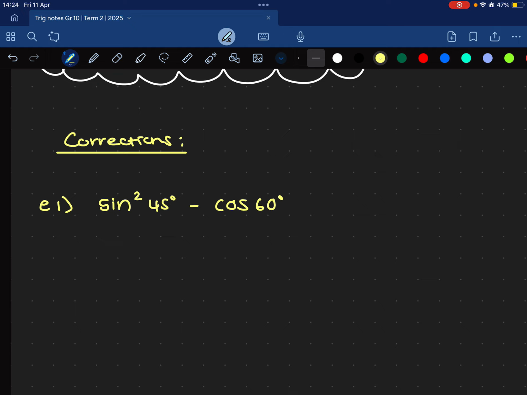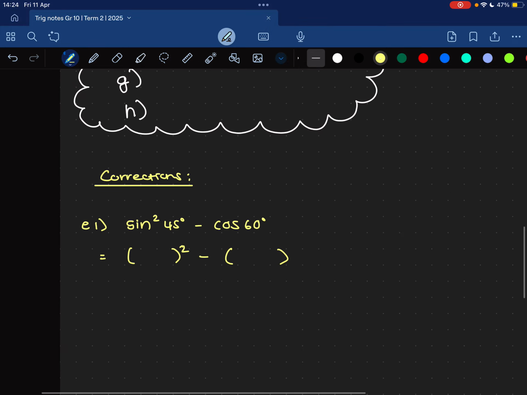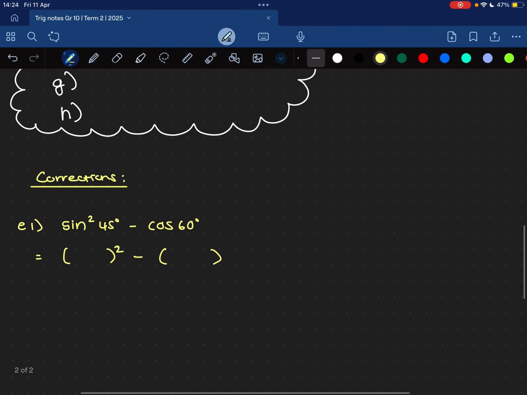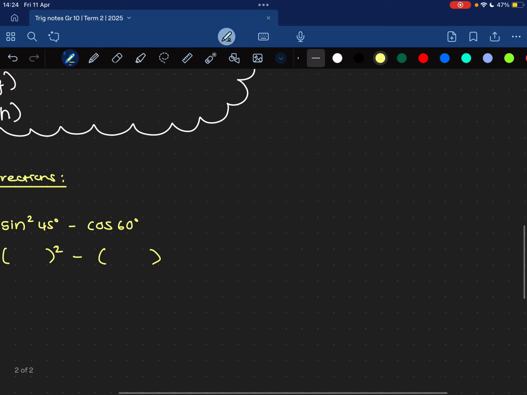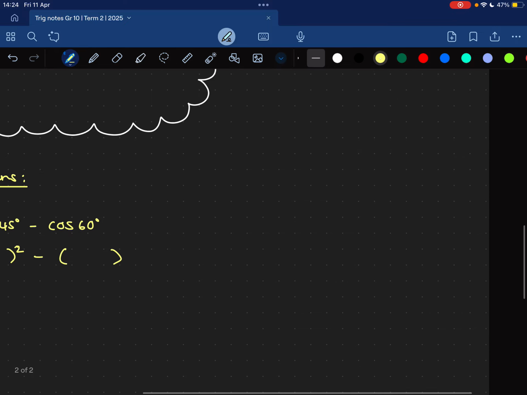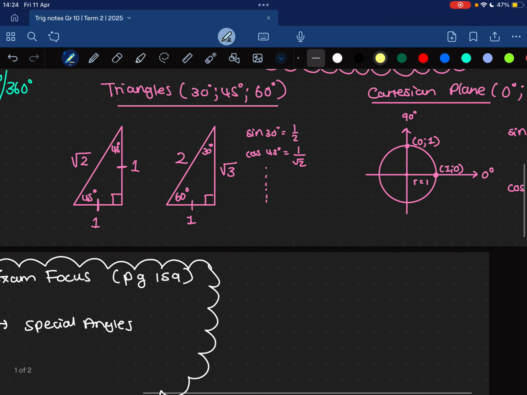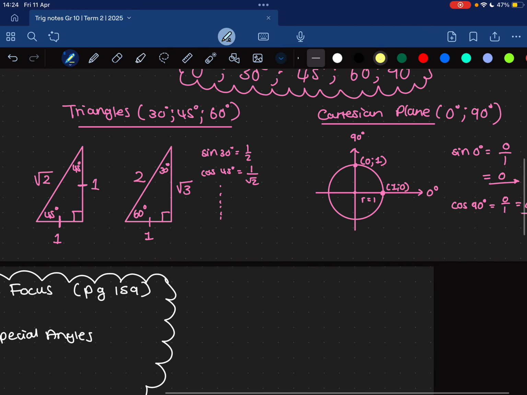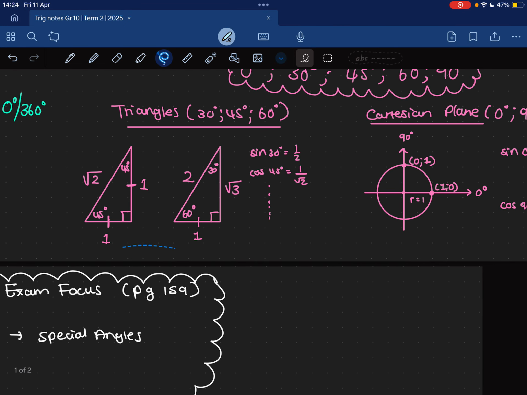In order to start this, the first thing we're going to do is establish the fact that this is a bracket squared minus a bracket, because we're going to substitute in and put the brackets in that we need. Now, if this was an assessment, you would have to quickly draw your two triangles. I'm just going to take mine from before.